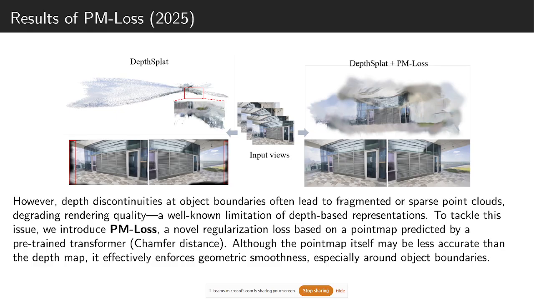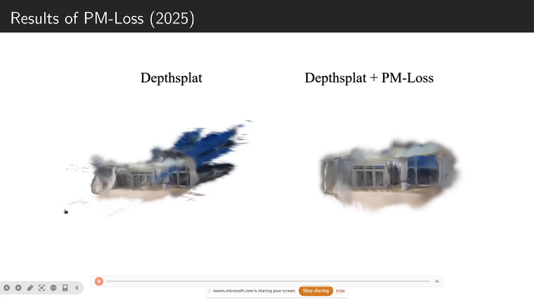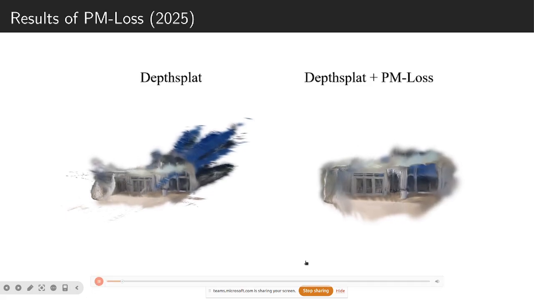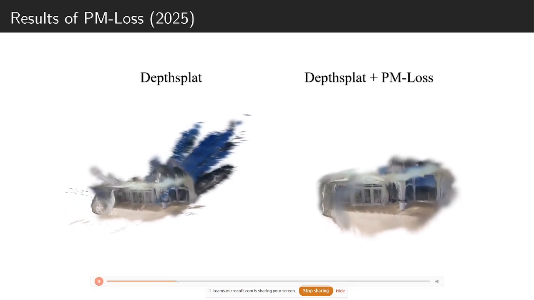And especially this problem is tackled when we approach the edge of the object, for example the boundaries. The most severe problem when it occurs is floating Gaussians, like Gaussian points floating around the object. So we are tackling that problem.